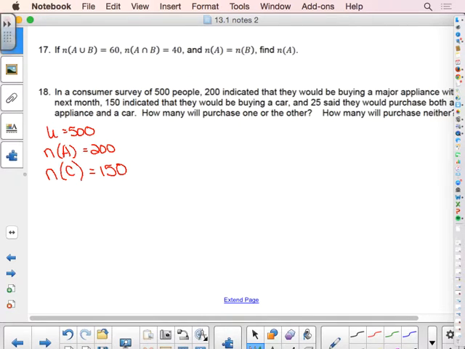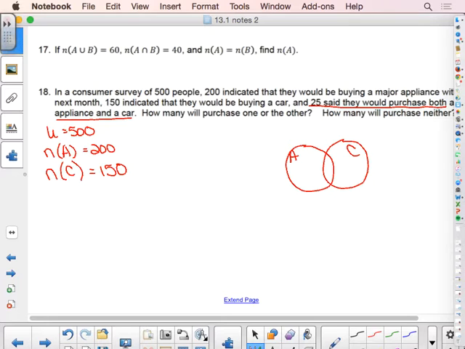So when I look at this, I know that 25 indicated they would purchase both an appliance and a car. So if we look at the Venn diagram for this, if this is the appliance, this is the car. 200 people said they would buy a major appliance.